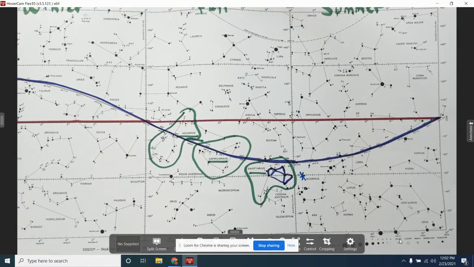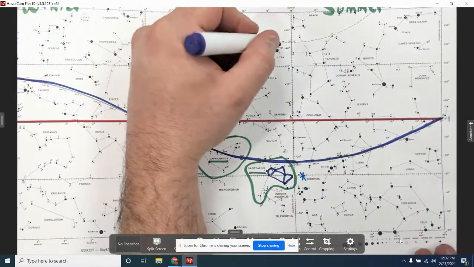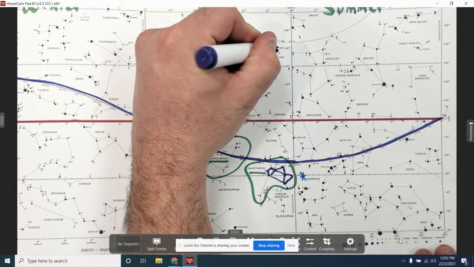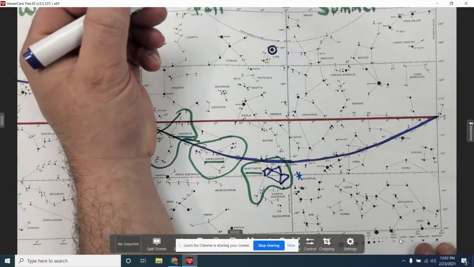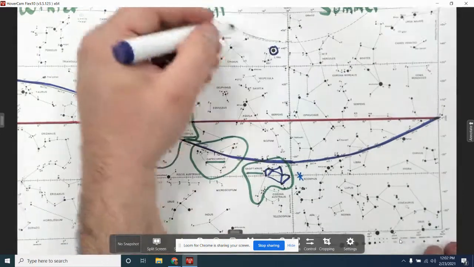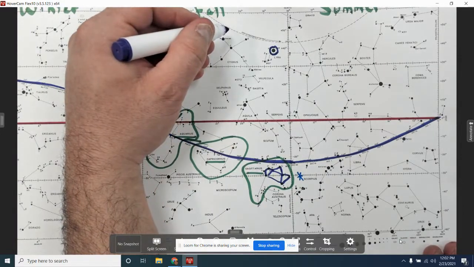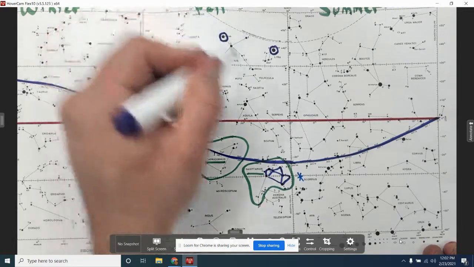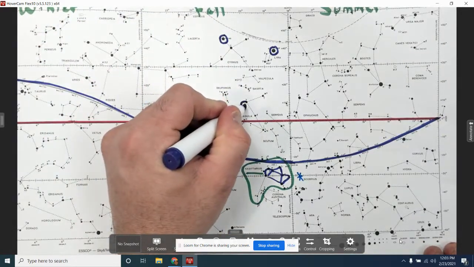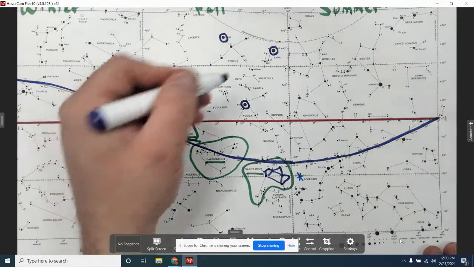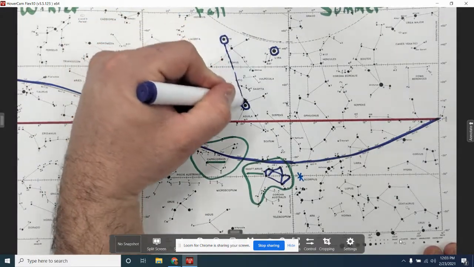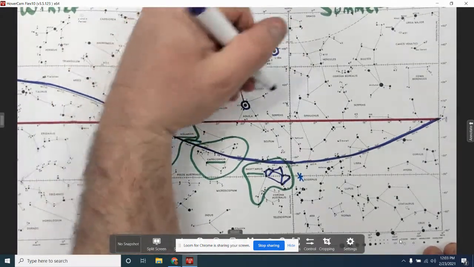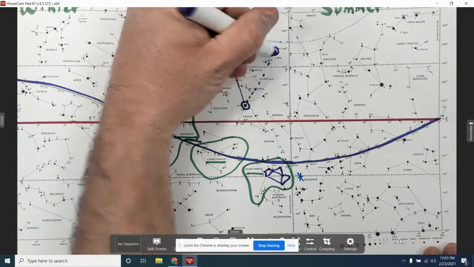The next thing I'm going to do, I'm going to go back to purple for a second. I'm going to highlight 3 stars. I'm going to highlight Vega in the constellation Lyra, Deneb here in the constellation Cygnus, and Altair in this constellation here of Aquila. And I'm just going to lightly connect the dots here. When you connect 3 dots, folks, you make a triangle.